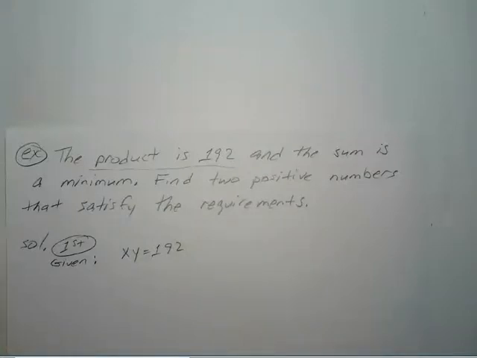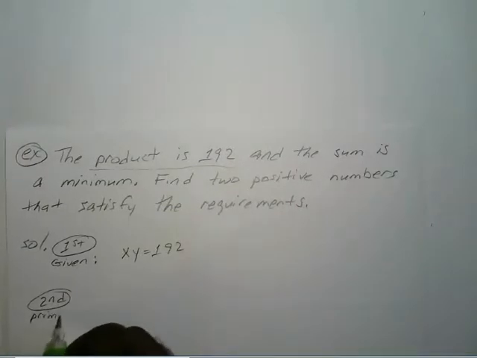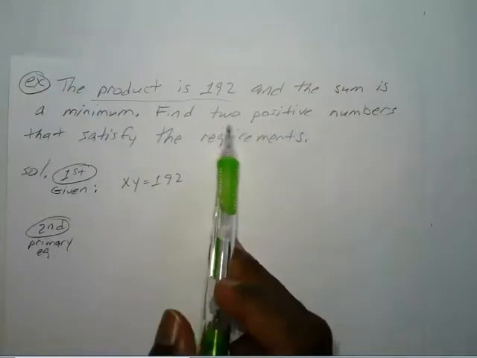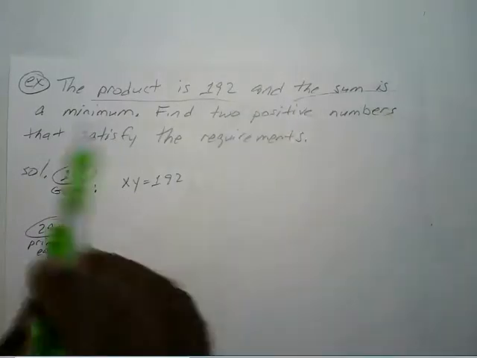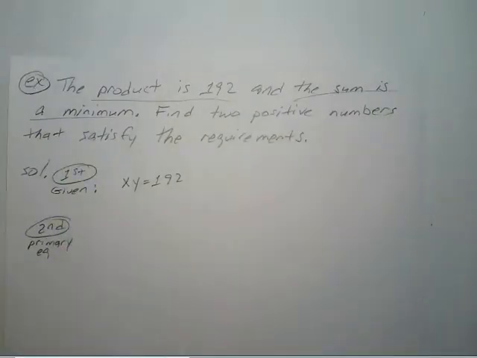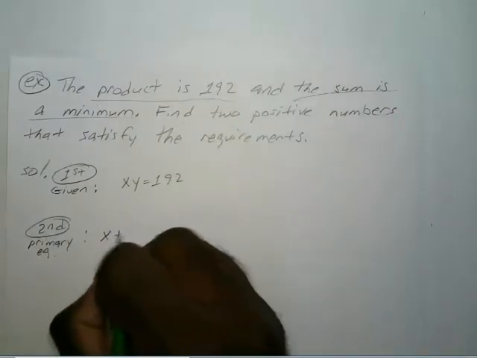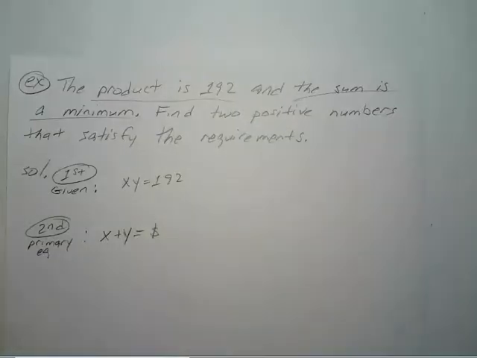Now second, what's our primary equation? Our primary equation is what we're looking for in our answer. We know the sum is a minimum, so we have x plus y equals some value s.